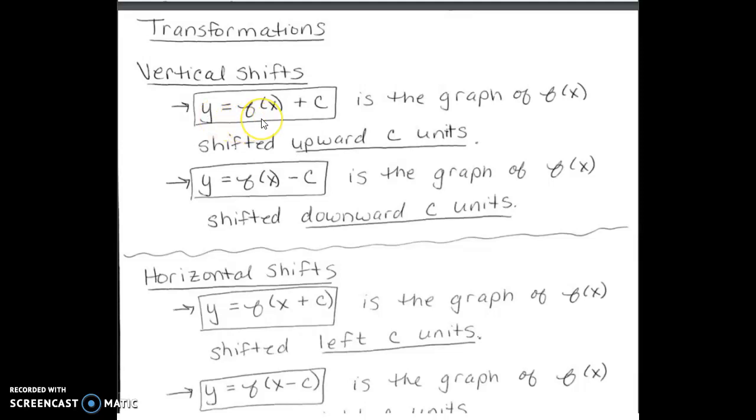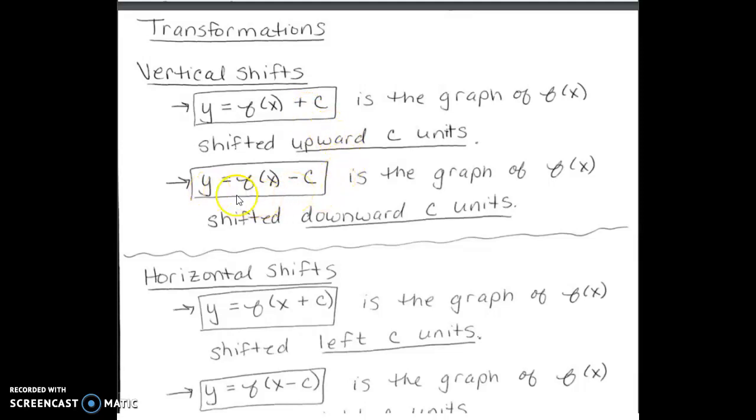Y equals f of x plus c would represent the graph of whatever the graph of f of x looks like, shifted upward c units. So adding a constant outside the function will move it up on the coordinate plane.